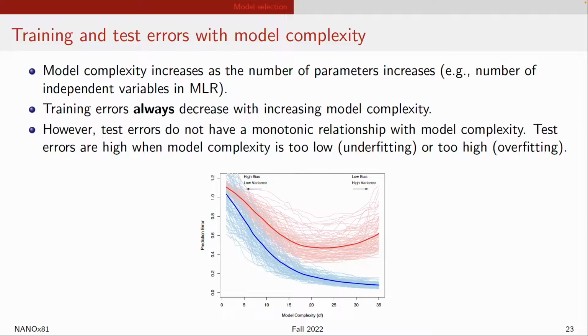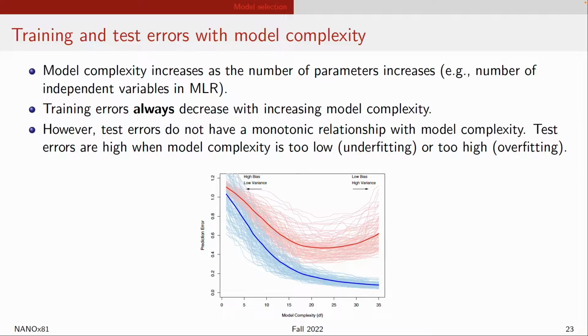Now, however, when your model is too complex, the same thing can happen. What happens is that you actually have a model that is fitted to too many variables. It is being overfitted. It is fitting your training data so well that it is fitting a lot of the noise in your training data.